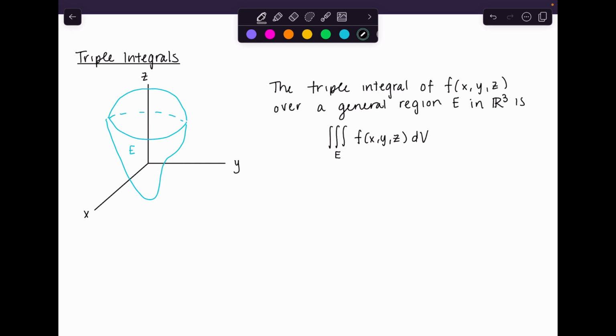Your region E will dictate the bounds, and your dV can be really any order you want.